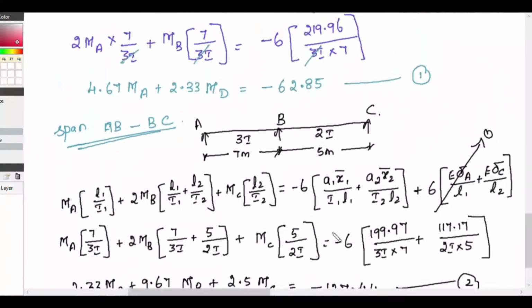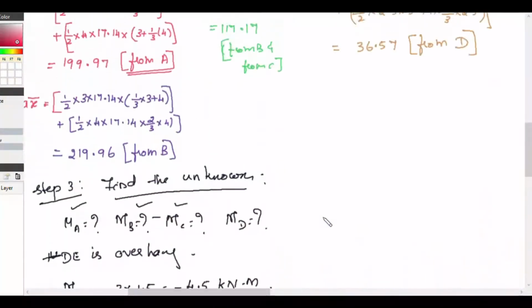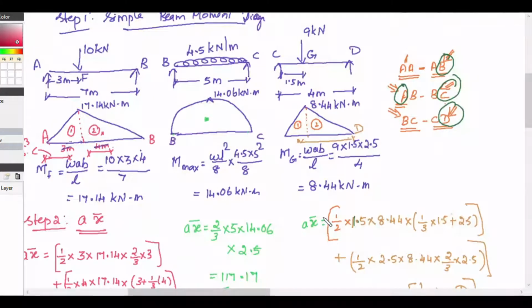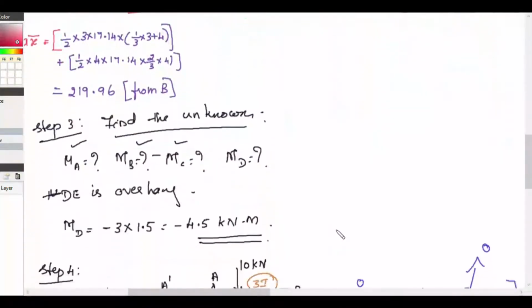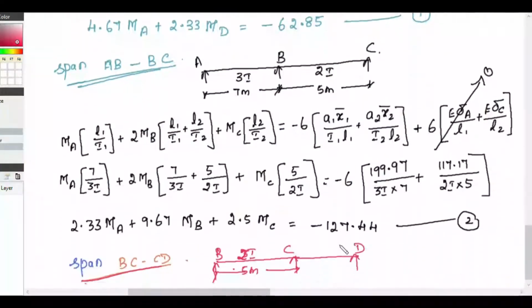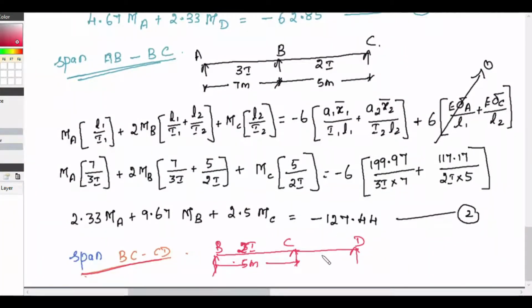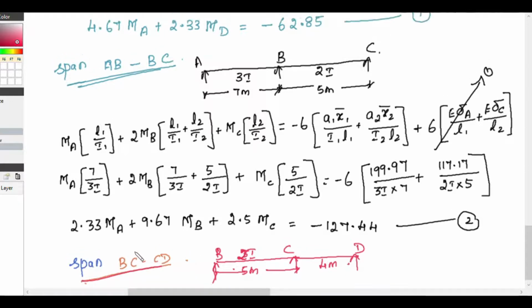What about CD? CD is 4 meter. So for this, we don't have space here, we will go for the next page.